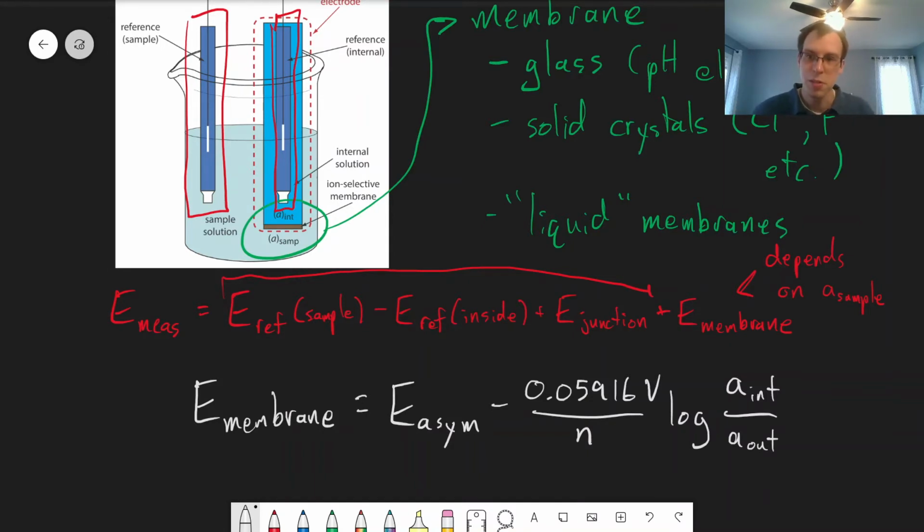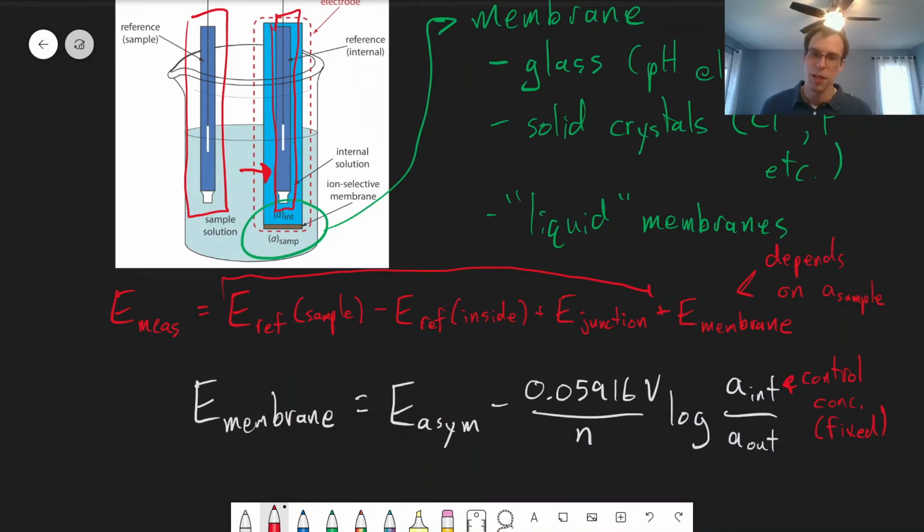Now, what we can do is that this internal solution, let me pick a different color you can actually see. Let's do red. This right here, this internal solution, we control this concentration, and it's fixed.